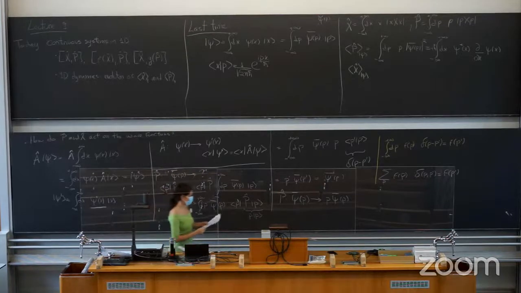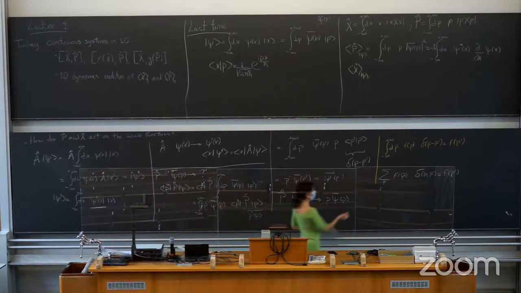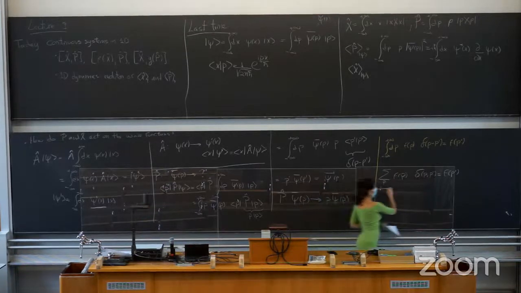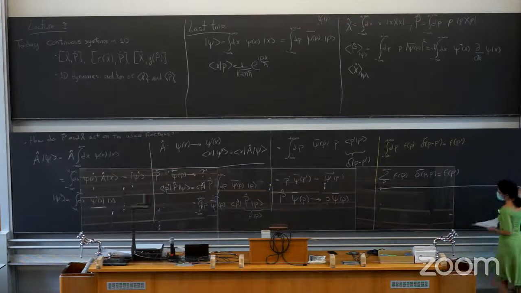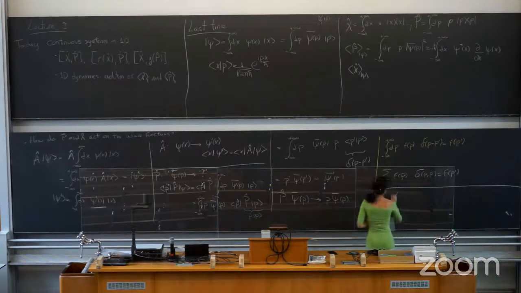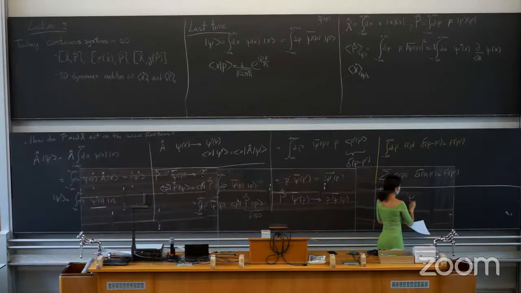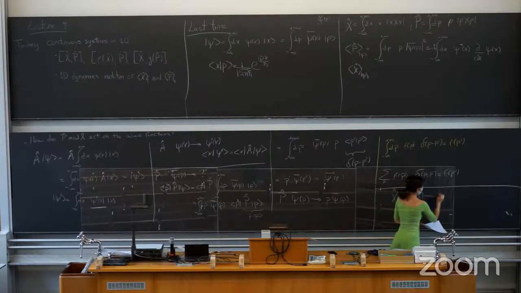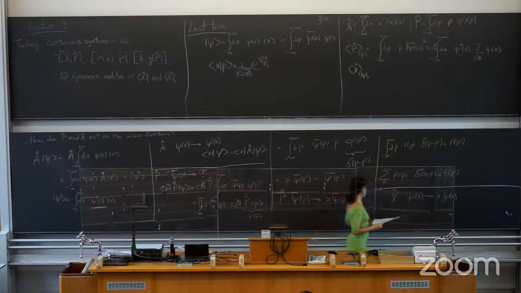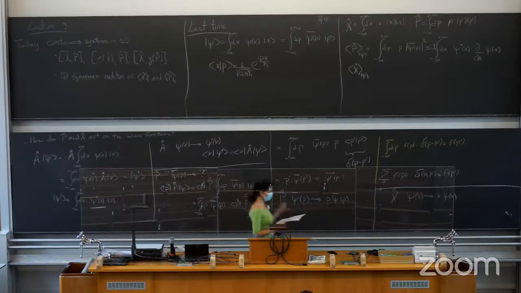So this was the easy case. Similarly, you can imagine, and you can do it at home, that the position operator takes the position wave function to multiplying it by x. And the other two cases that we saw last week were how they act on each other's wave functions.